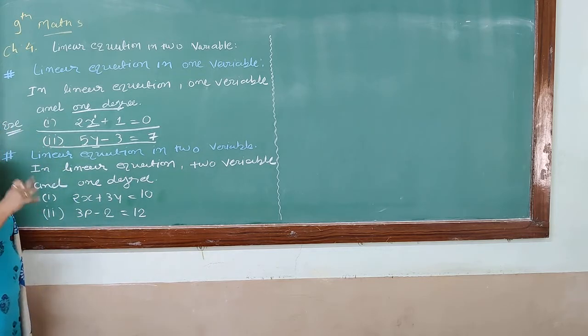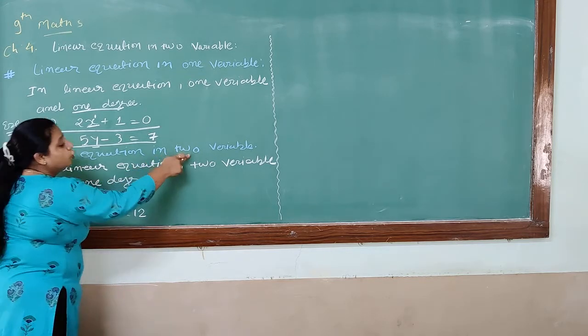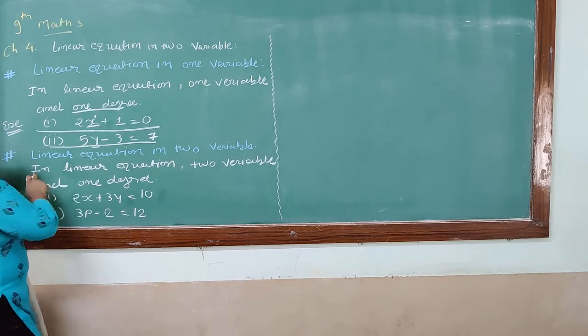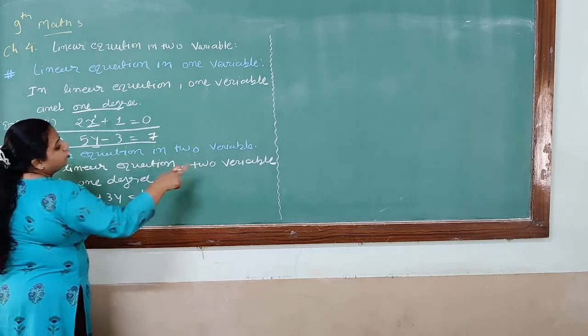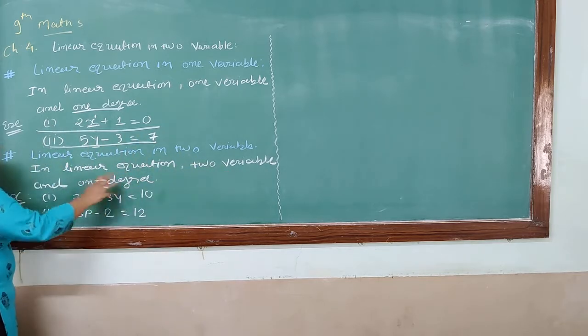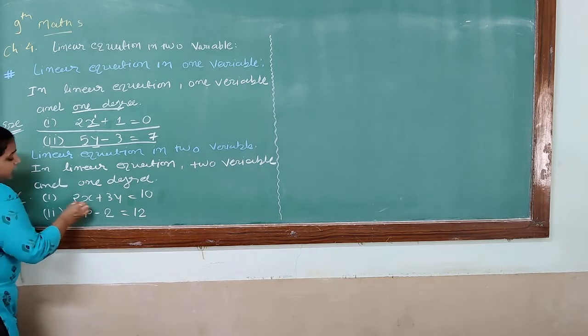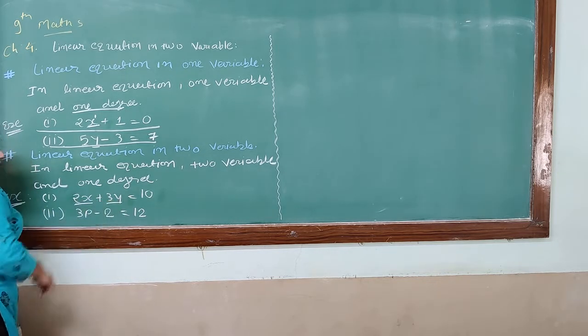Now another one, linear equation in two variables. Now we are discussing over here about two variables that we are going to learn in this chapter. Fine. So in a linear equation, if two variables and degree one are there, then it is known as a linear equation in two variables. Let us see one example. 2x plus 3y.